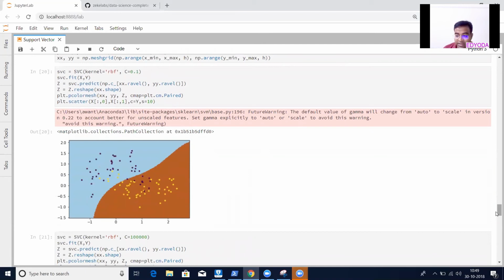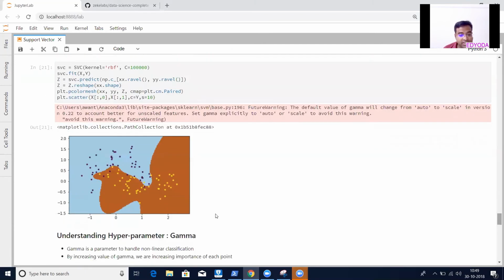If you increase the value of C, you can see the separator is highly non-linear in nature. This is because with increasing value of C, it allows lesser and lesser misclassification, and of course now this decision boundary is less generalized.